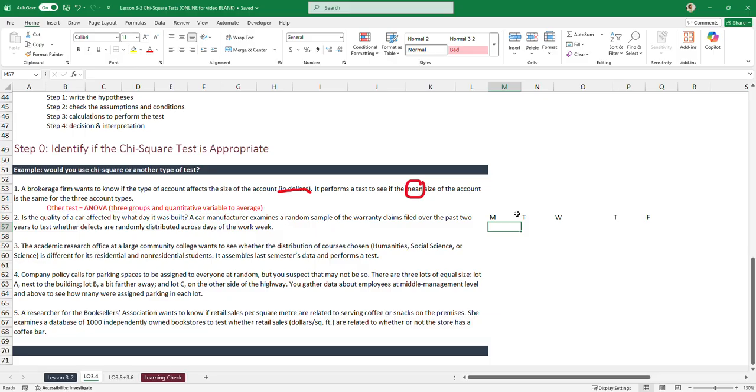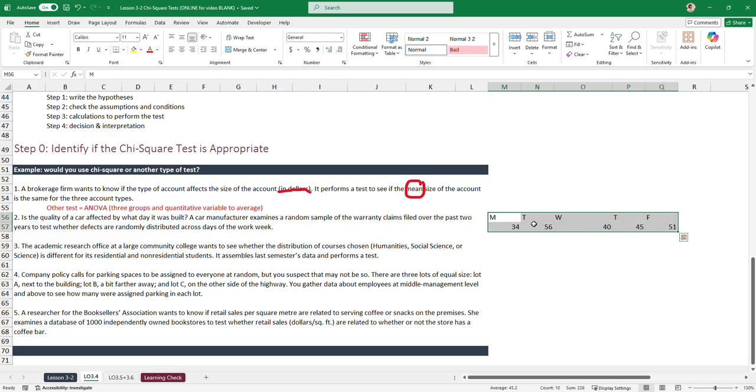And then it says they want to basically count up the warranty claims based on what day of the week the car was built. So maybe of their warranty claims, like 34 of the cars were built on Monday, 56 on Tuesday, 40 on Wednesday, 45 on Thursday, and let's say 51 on Friday.